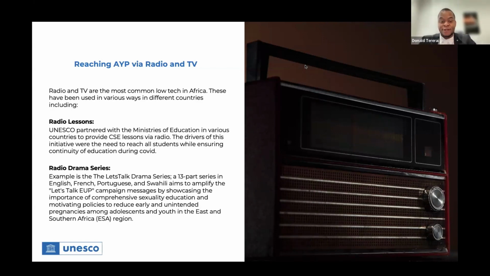The way that we rolled this out was by training 300 journalists in 12 countries on CSE and also on the content of the radio drama so that they can air the drama and host discussions on their radio stations. And this drama series has been aired in Malawi, in Kenya, in Tanzania, in Zimbabwe, and other countries, reaching over 40 million listeners in East and Southern Africa.